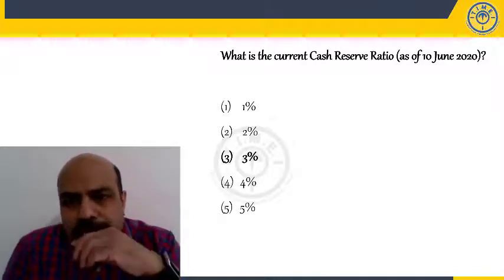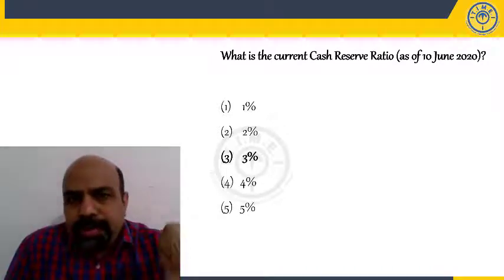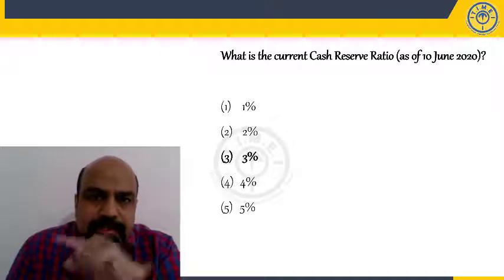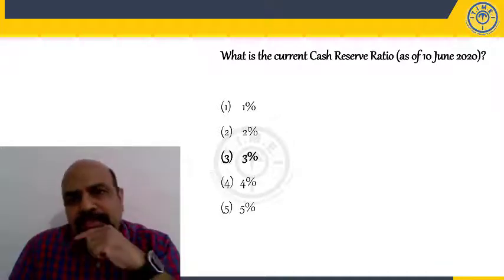Okay guys, let me repeat. Rise in CRR, dash, decrease in money supply, dash, increase in interest rates.